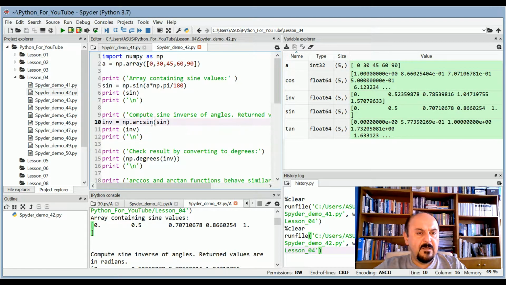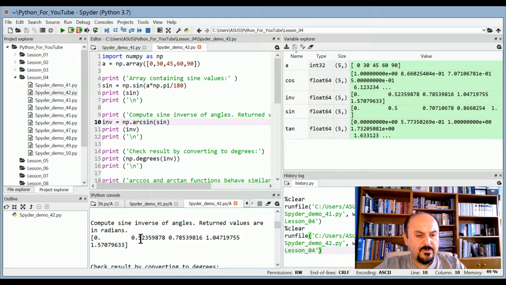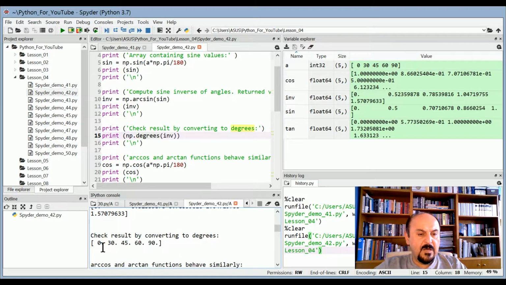Arcsine automatically calculates the corresponding angles in radians, and these are the radian values. Okay, 0 and 0.5 radian and 1.57 radian, and I'd like to convert it to degrees, so I use degrees here. Okay, I get this after converting to degrees.